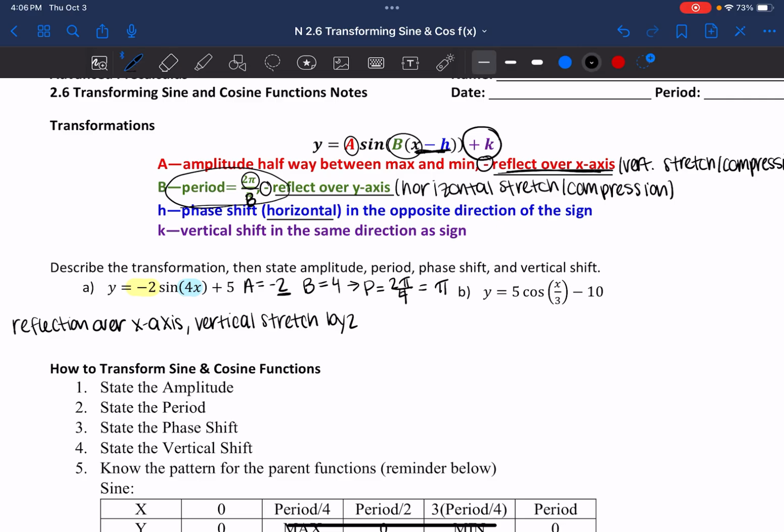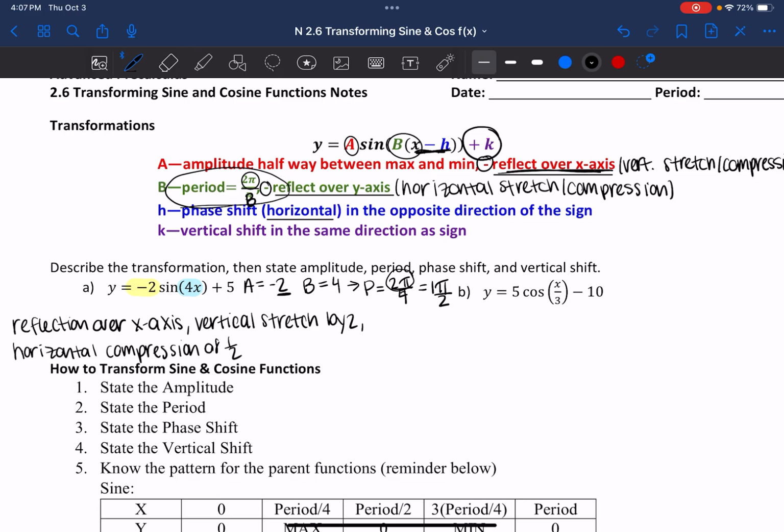So if I put 2 pi over 4, this would simplify to pi halves, or we would basically have a coefficient of 1/2 with our pi there. So 1/2 would be less than what our typical period is, which is 2 pi. So we would say that this is a horizontal compression of 1/2.